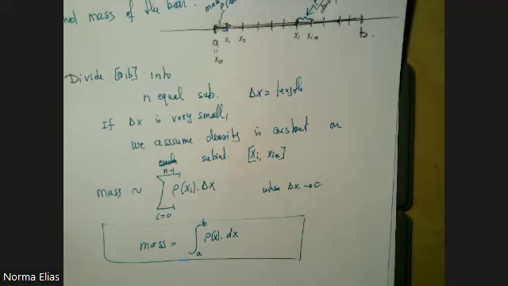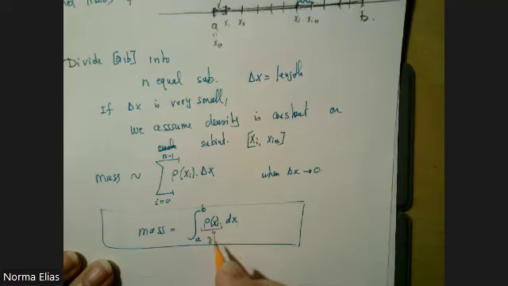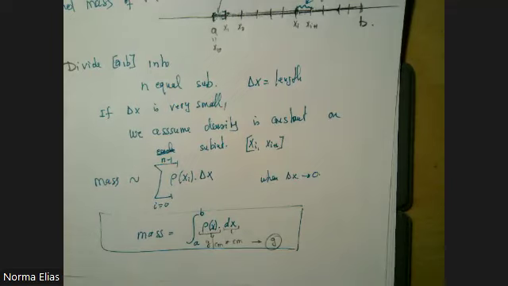So if the density is changing, then the mass is the integral of the density times dx. And watch the units. This one is, let us say, units of mass per unit of length. This, you multiply it with dx, is going to give me grams. So the units work.